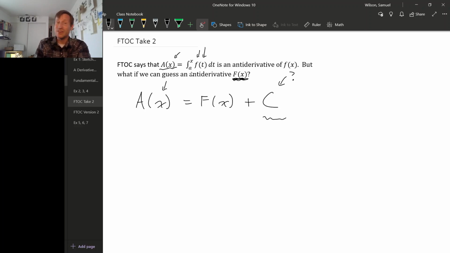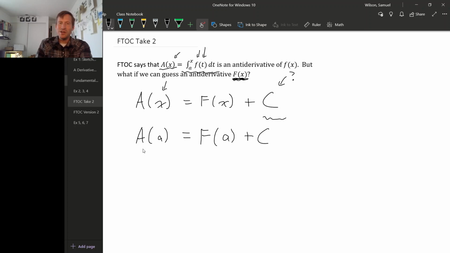The only x value where we know a value of this area function is if we plug in little a. So let's plug little a into here. If we plug little a into the left-hand side of this equation, we have to plug it into the right as well. So the right-hand side becomes capital F of little a plus a constant.